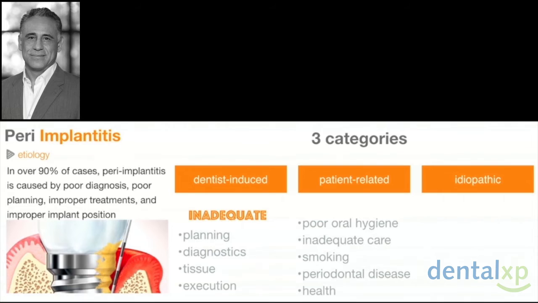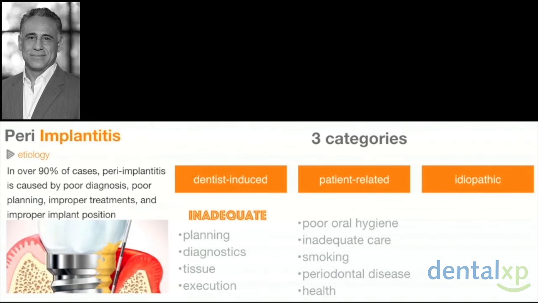Patient-related categories, which involved a smaller percentage overall, included poor oral hygiene, inadequate care, certainly smoking and existing periodontal disease, and some health issues were noted to be the most likely reason for the complication or the peri-implantitis.